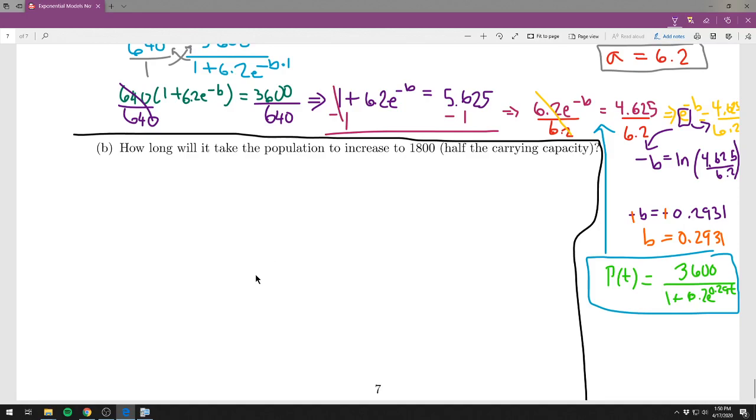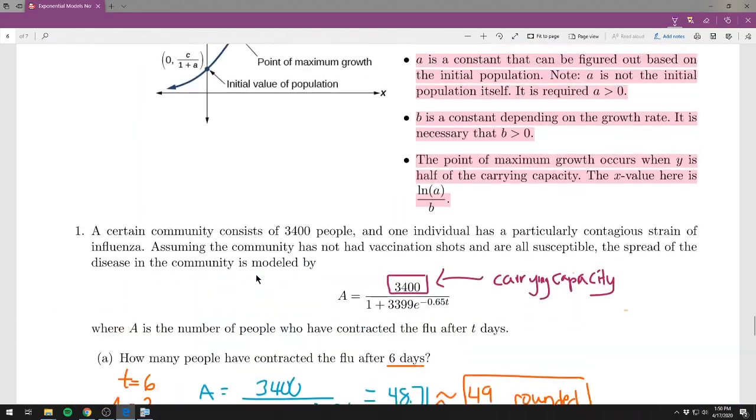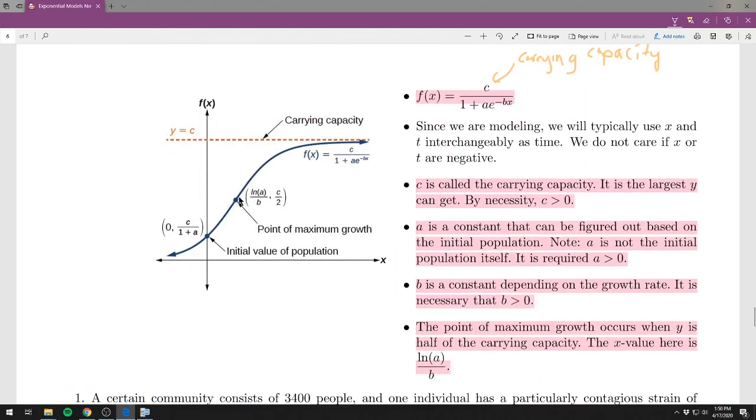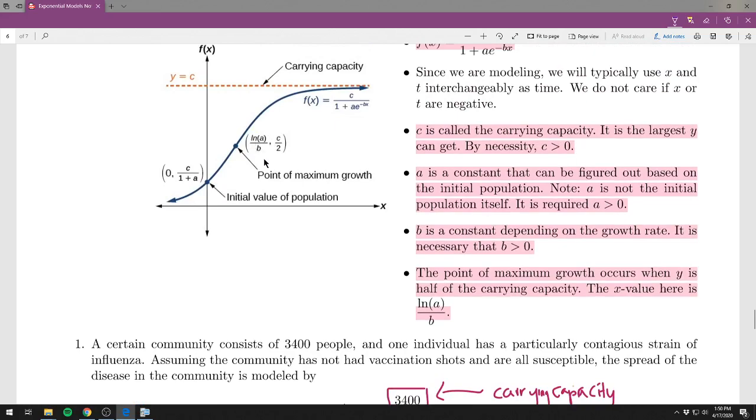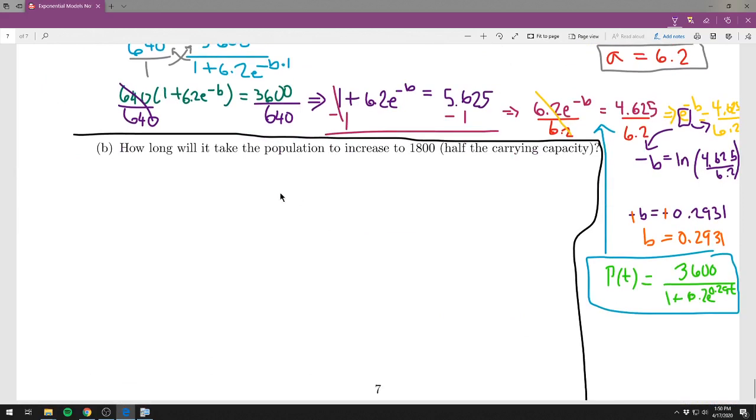So I'm gonna go ahead and scroll up to the original picture and remind you, when it's at half the carrying capacity, the time is the natural log of A over B. So when we figured out A and B already, we can actually just use what we got, plug in A, plug in B, and go from there. Since it's half. If this was any other number, you would not be able to use this, but intentionally this is half. You are told it's half. T is going to be the natural log of A over B.